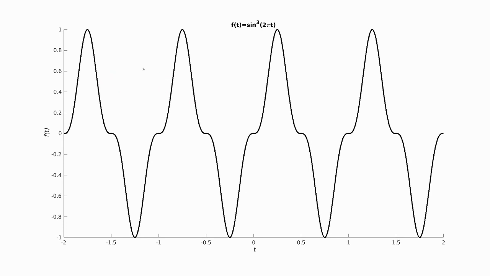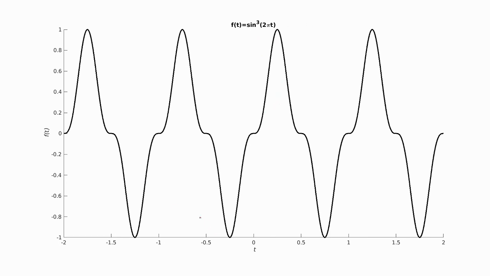So let's look at this function. Here is the plot of this function, sine cube 2 pi t, and the first thing we see is that this function is an odd function. So what we can expect is that in the Fourier series, which is given by a sum of sines and cosines, we should not have any cosine term, because cosine functions are even functions, and here we have an odd function.